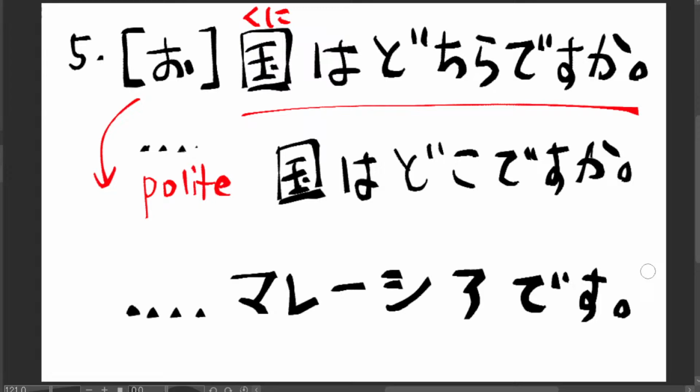If you come from South Korea, you can say 韓国です. My friend comes from Trinidad, so Torinidado desu. So this is number 5. Next, let's go to number 6.